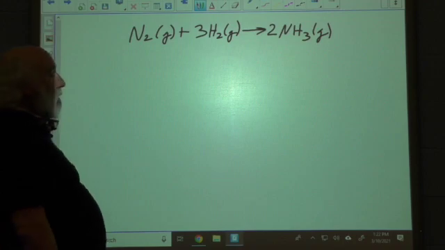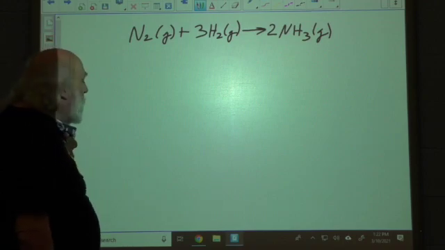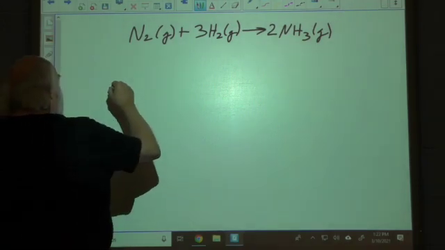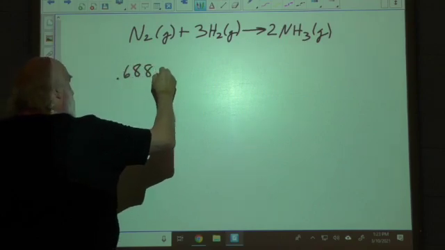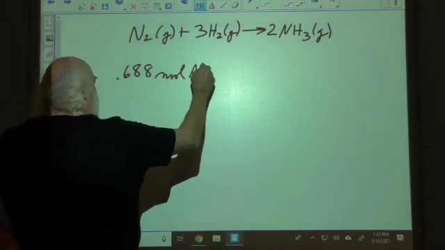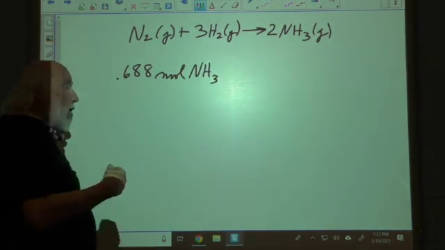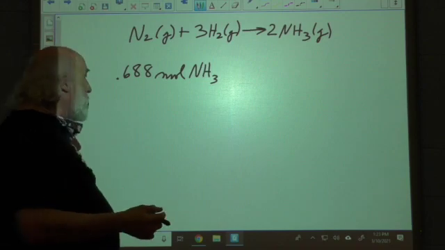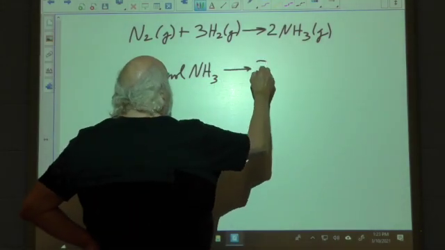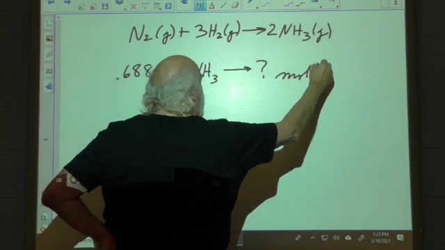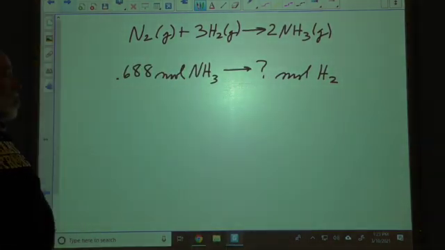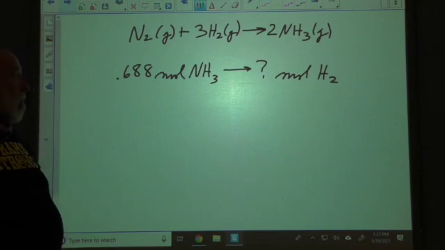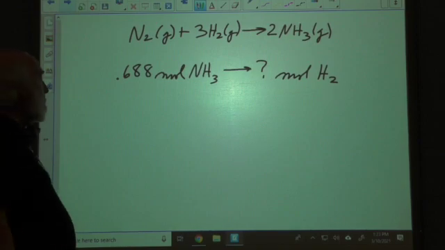Now let's suppose that I want 0.688 moles of ammonia, and I need to know how many moles of hydrogen I'm going to need in order to create that. So we need to be able to have the right amount of hydrogen to make this stuff work.